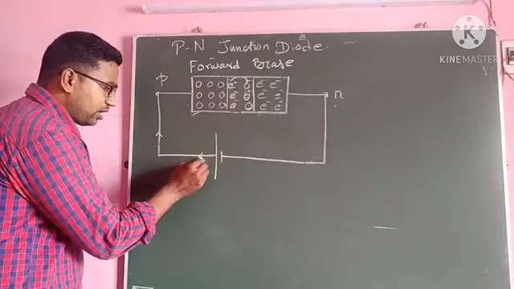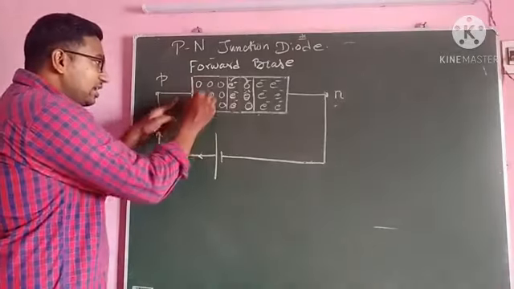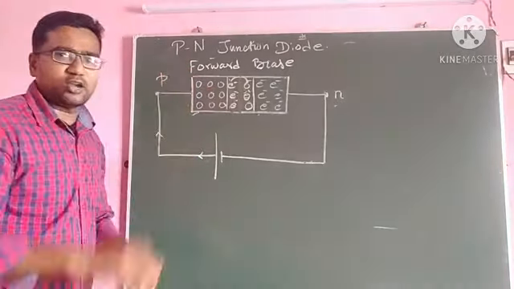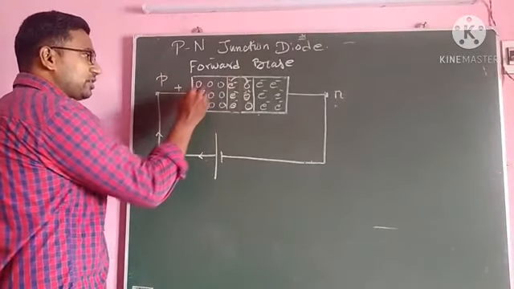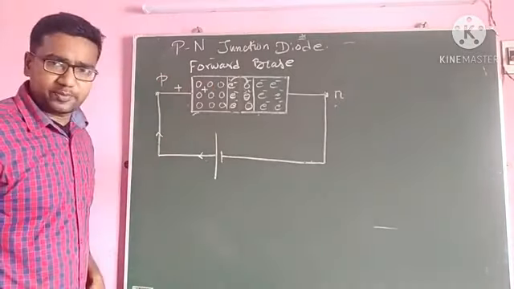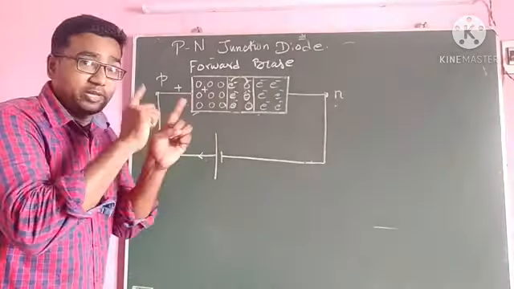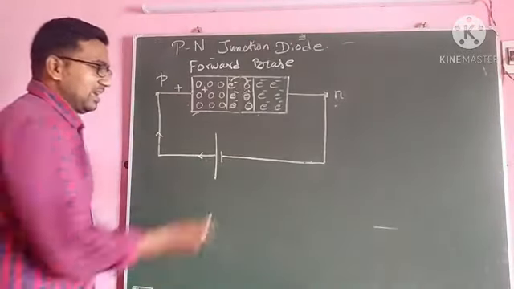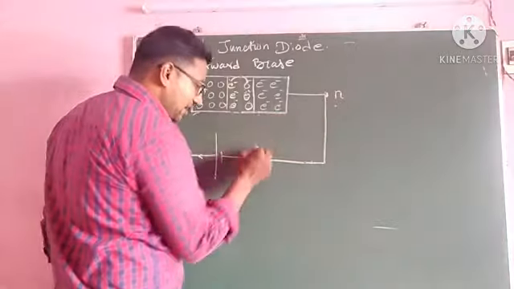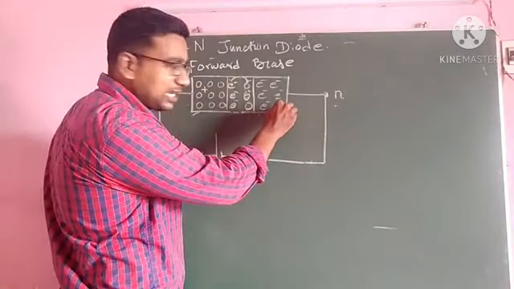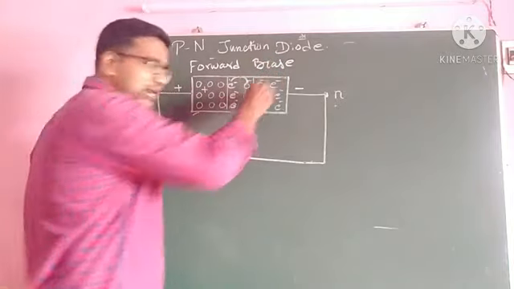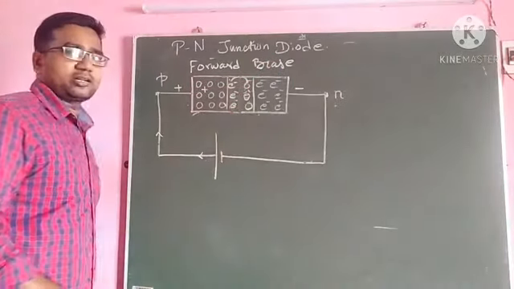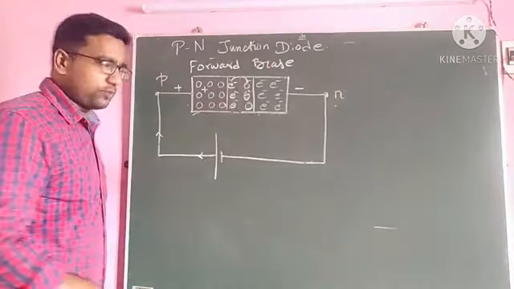If you allow the positive potential, here holes are the majority, and holes have positive charge. So positive charge meets positive potential, and it will be repelled. In a similar manner, the negative potential is applied to the N-type semiconductor, which has majority electrons with negative charge.